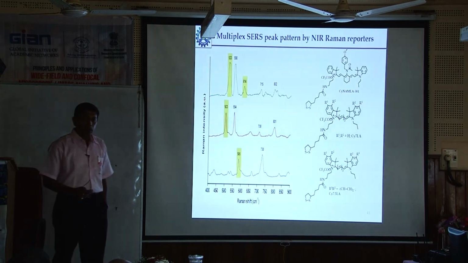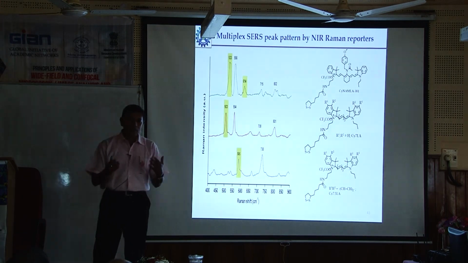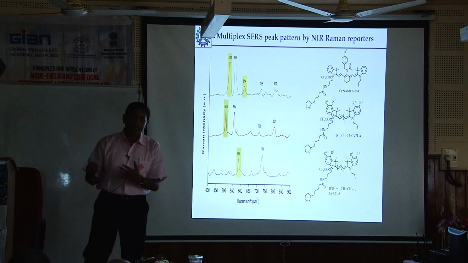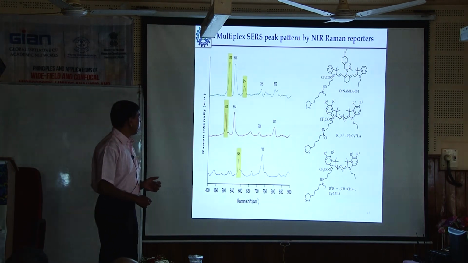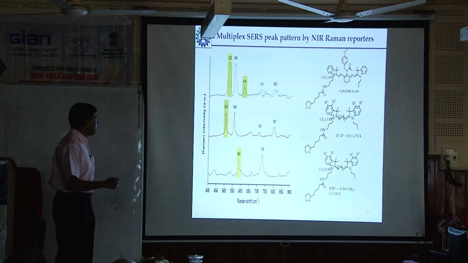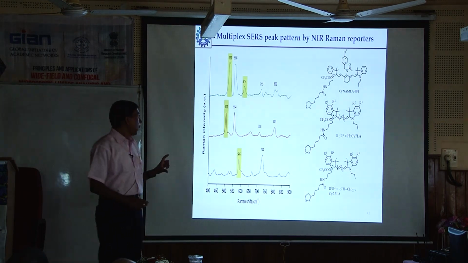We have made a lot of molecules for multiplexing studies, because if you have 3 or 4 analytes together and you want to check the abundance or recognition of these molecules, then you have to use these types of Raman active molecules, and each yellow shade is the corresponding signature peak for a particular tag.